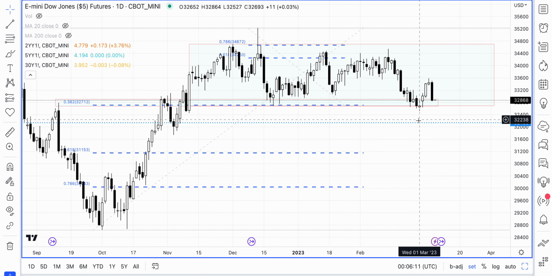And what we are looking at is here on the 1st of March, beginning of the month, we had seen a retest of the lower boundary of this trading range, and then the price moved higher.